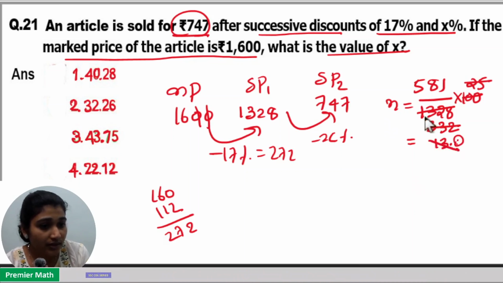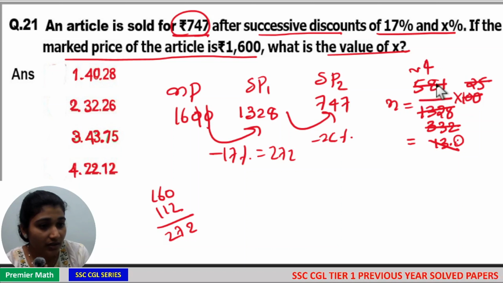Now 13 goes around 4 times in 52, remaining 61. So again 13 goes 4 times in 60. So here, around 44%. Option 3 is your answer.